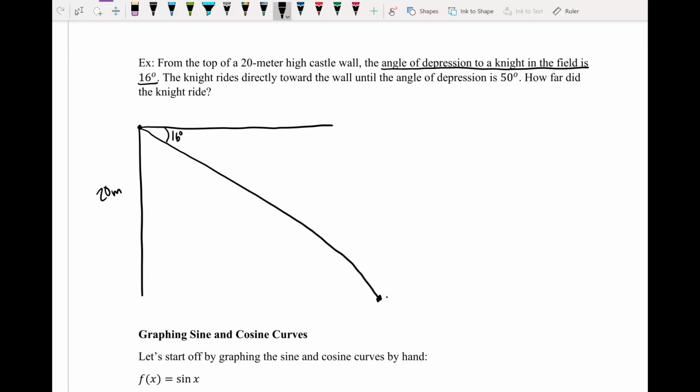Okay, so here's the knight. And now what's going to happen is that the knight rides directly towards the wall until the angle of depression is 50 degrees. So it's going to keep going and stop again. So at this point, I got another angle.